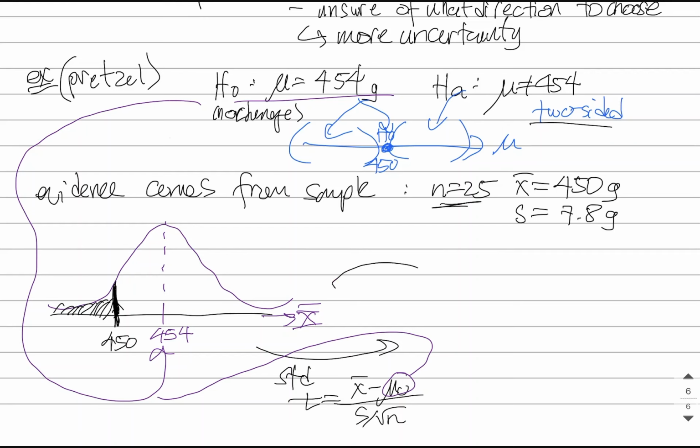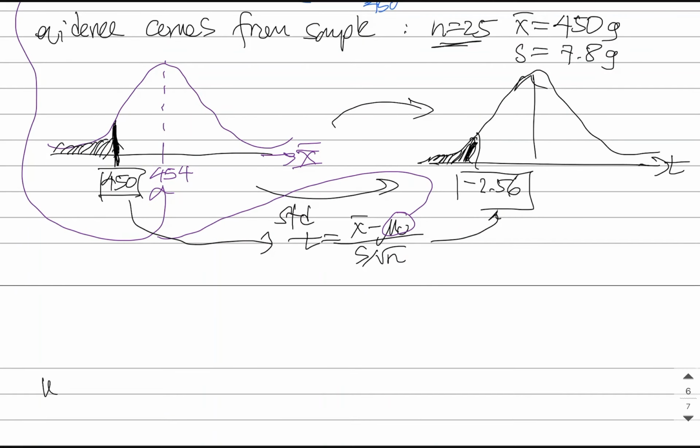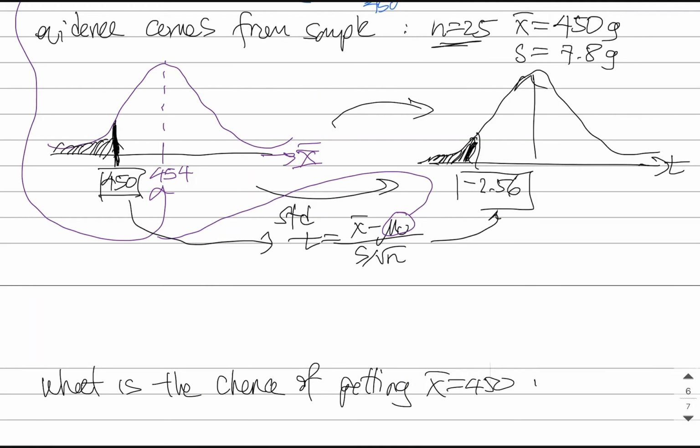When we standardize this, we will turn the problem into a t distribution, so it's centered at 0, as all t distributions are. And the value that we calculate ends up being about negative 2.56. That's what the sample average of 450 turns into. So what is the chance of getting an X bar of 450 when I take a sample of size 25?